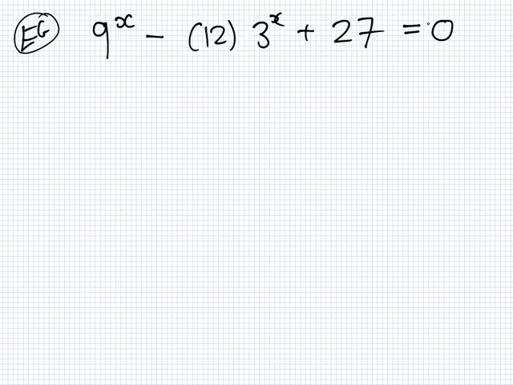You should move the 27 to the other side. Factorize. Divide by 3. Change it to all 3 numbers. No, actually, not make all the numbers become a 3.